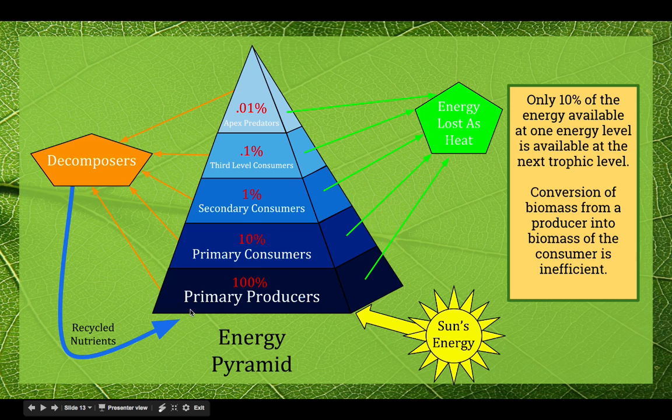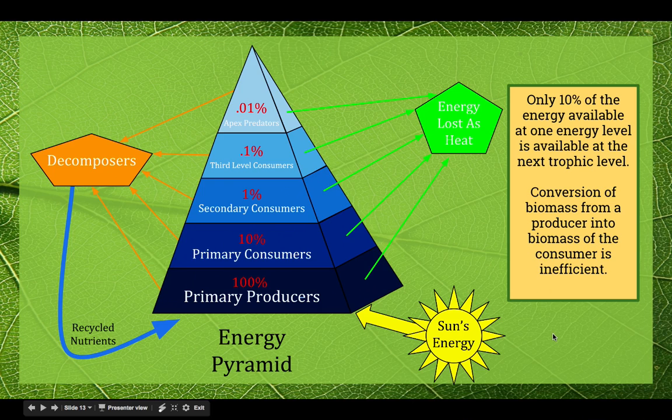Primary producers use energy to do photosynthesis. Primary consumers use energy to carry on all their life processes, and so on and so forth. And then all energy and all waste from each of those trophic levels goes to the decomposers, who recycle the nutrients and feed them back into the primary producers.